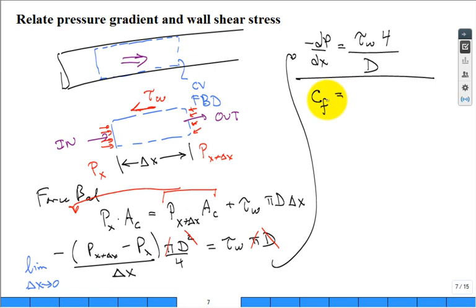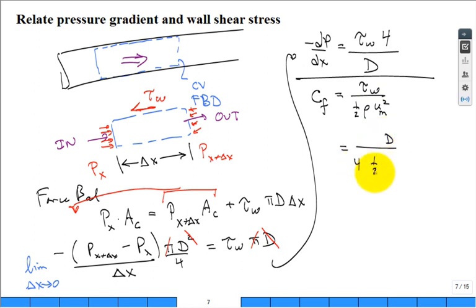Our definition of the friction coefficient was the shear stress divided by 1/2 rho u infinity squared. What we're going to do now is say that for my flow inside of a pipe, I can still have this concept of friction coefficient. It's a normalized shear stress. Let me put d over 4.